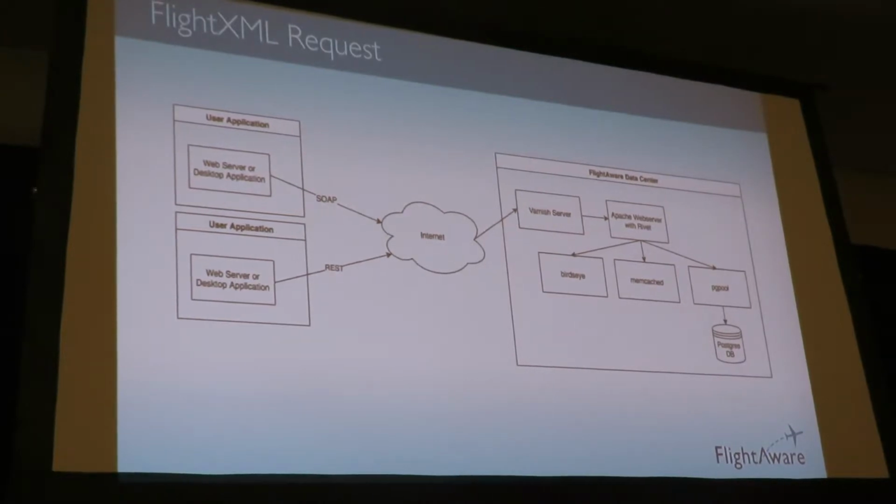The code itself is basically a Rivet page sitting on Apache Rivet that calls up tclws and executes whatever operation the user is asking for. That will talk back to either our Postgres or to Birdseye, an in-memory database based on speed tables, for all the current locations or position data for flights over the last 24 hours.